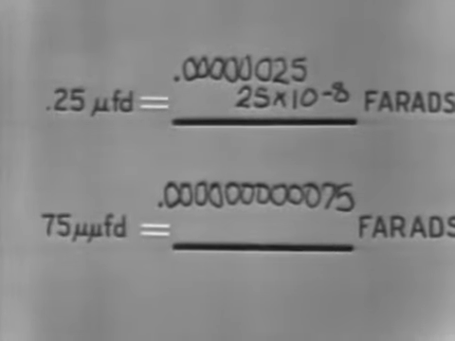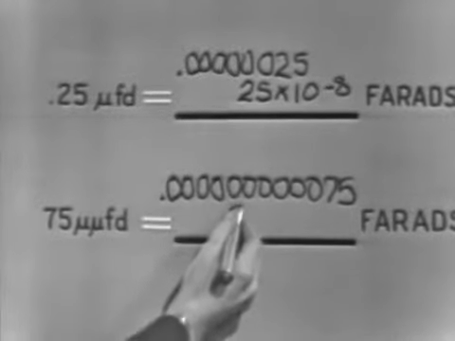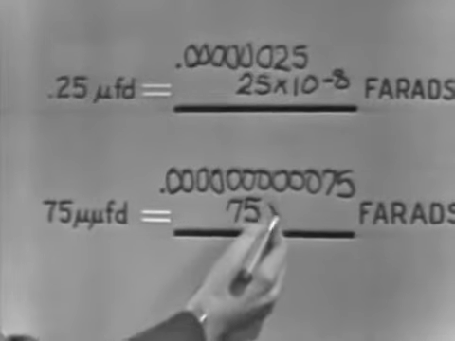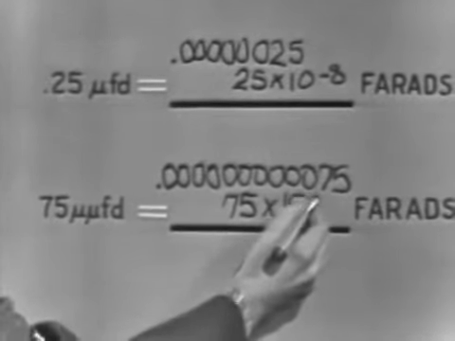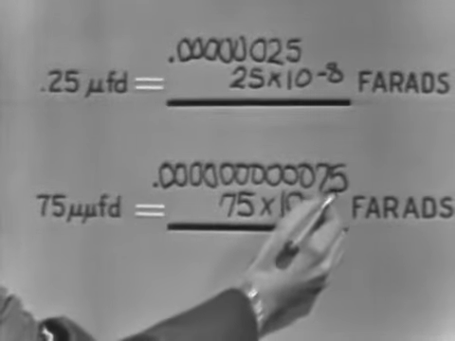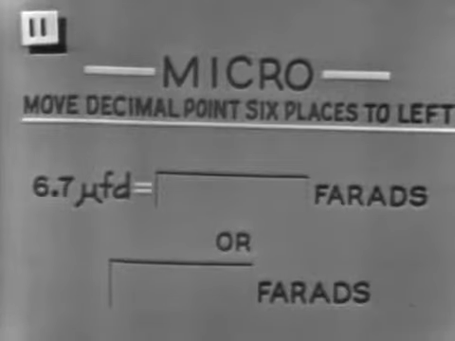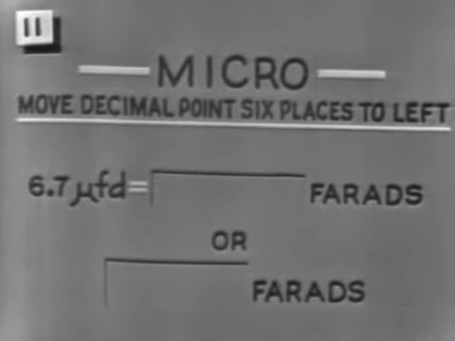Or the easy way, using the powers of 10, like this. Either way is correct, but using the powers of 10 is, of course, the easiest. Try this one. Put your answer in space number 11 on your response sheet.